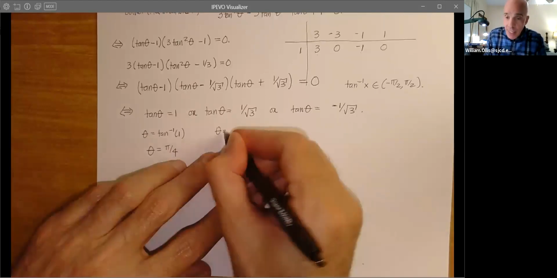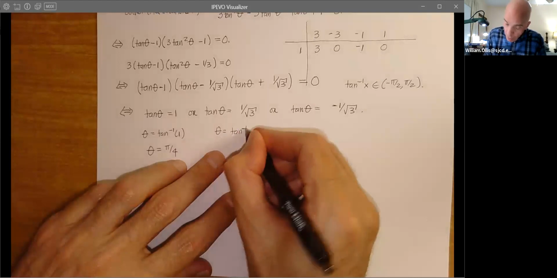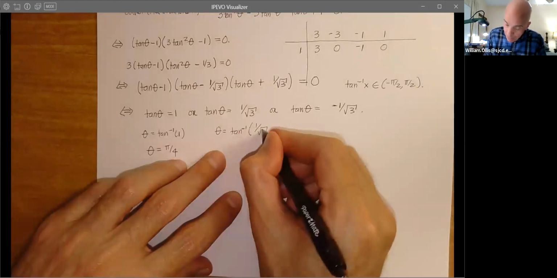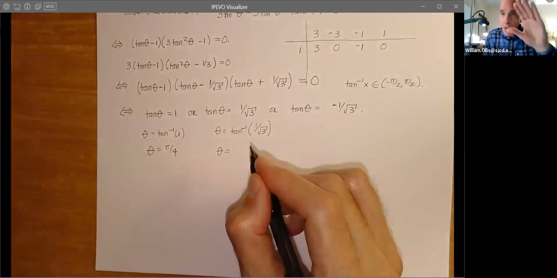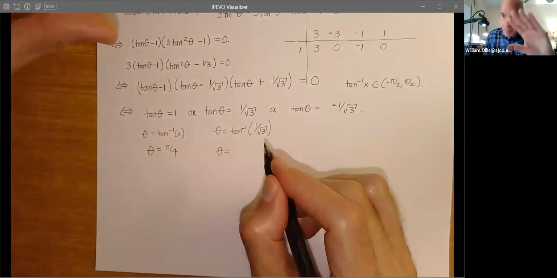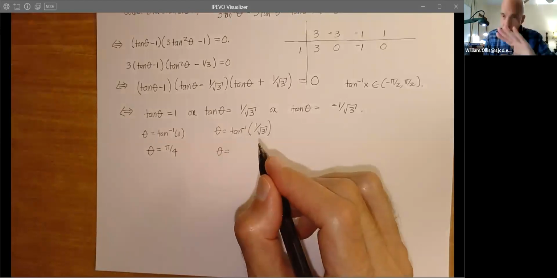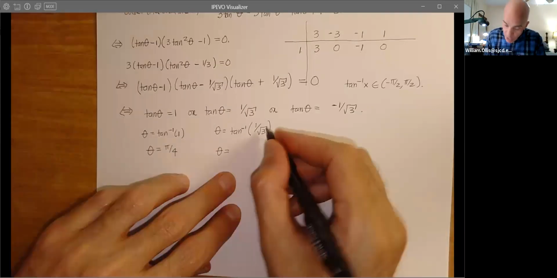Now theta is equal to the inverse tangent of 1 over root 3. Now, of course, this is where we have the 1/2 upstairs for the sine and the root 3 over 2 downstairs for the cosine. So this is pi over 6.